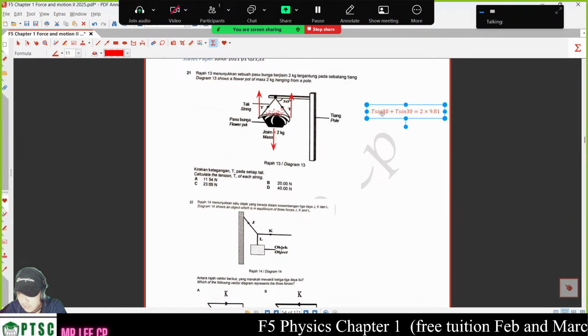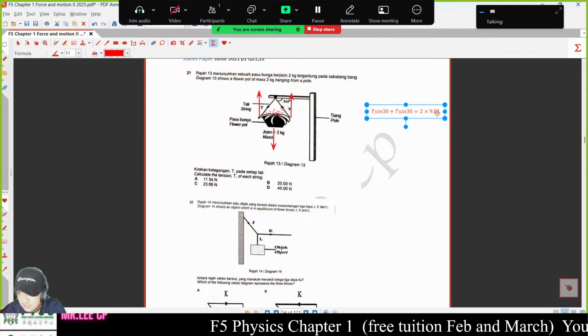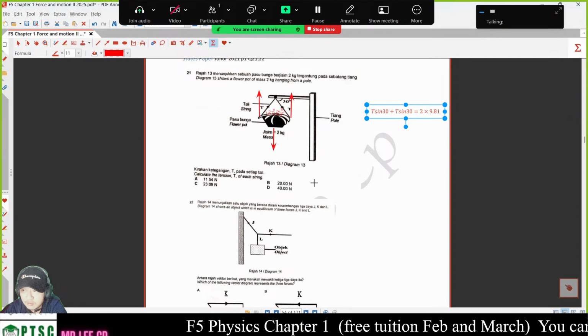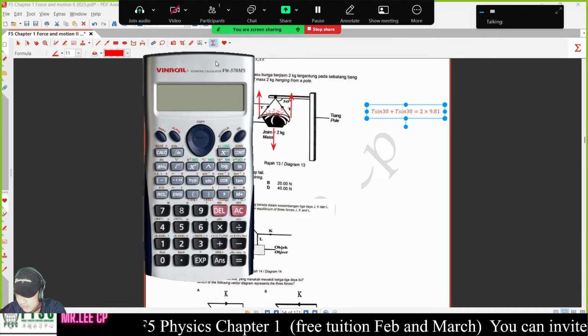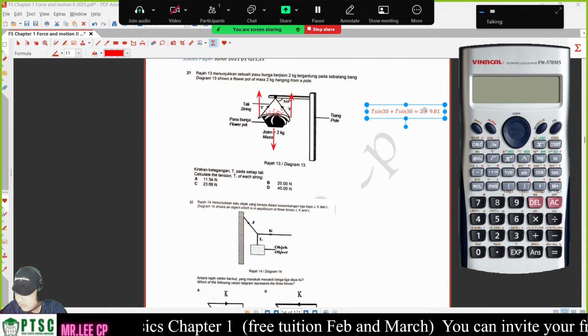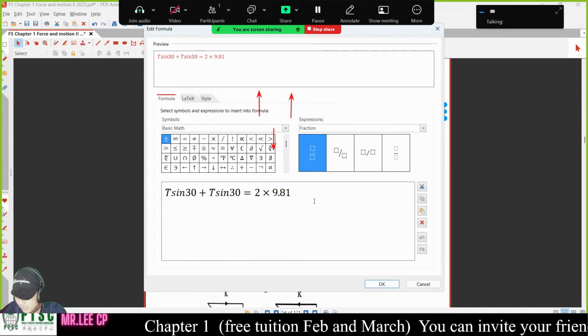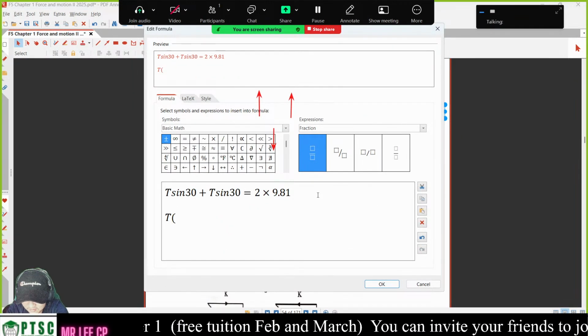Okay, you know sine 30 is 0.5. So T is 2 times 9.81, right? It is about 20. This one, they use the gravity as 10, right? Never mind.